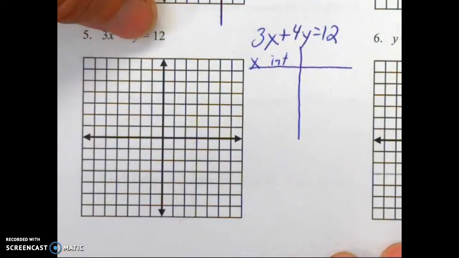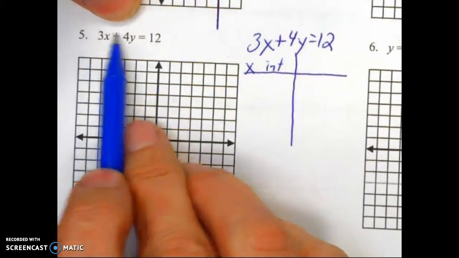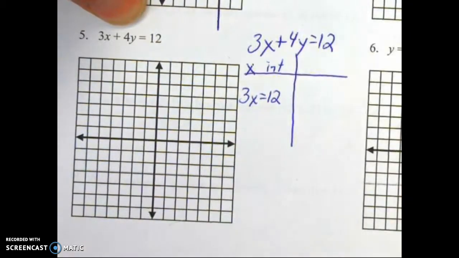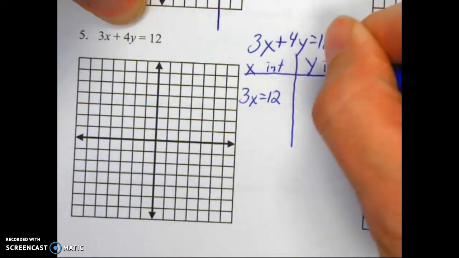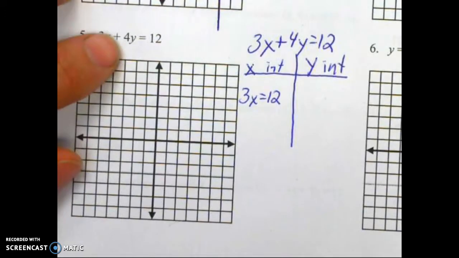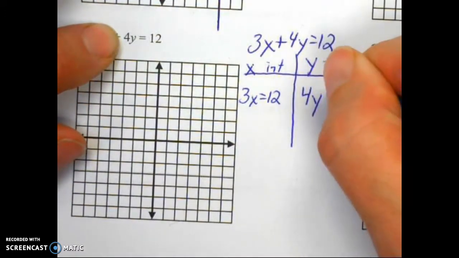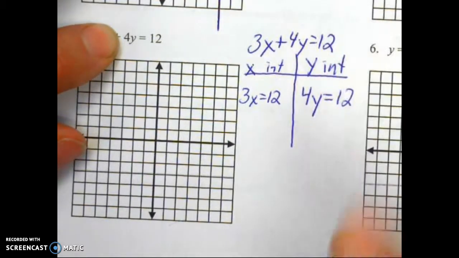So if I keep the x, I have 3x equals 12. And on the y-intercept, I keep the y, and the y is on this one, 4y equals 12.